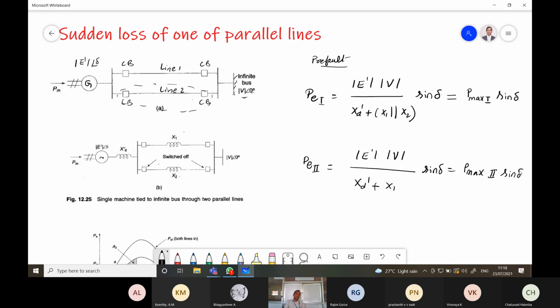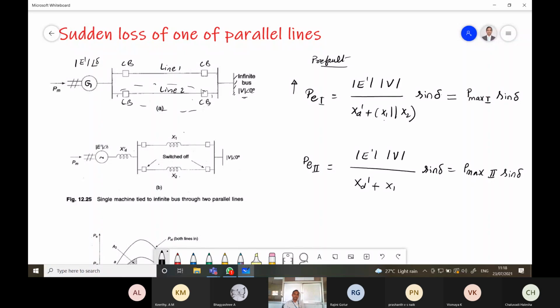So we compare these two, PE1 and PE2, that is P max 1 and P max 2. Which is transferring more power? Here X1 and X2 are in parallel, and here only X1 is present. In the first case the reactance is reduced and we get more power output.